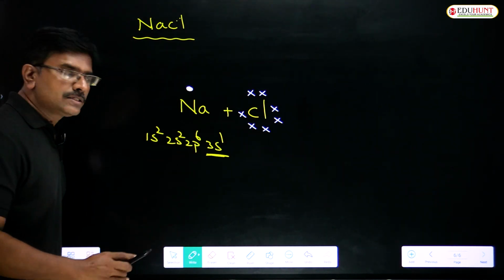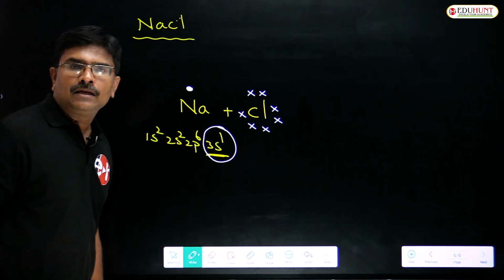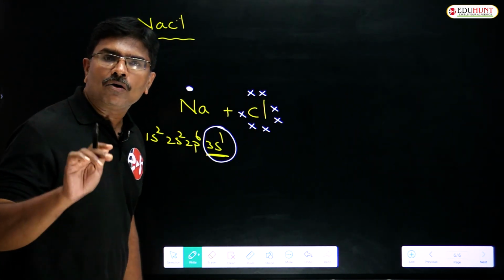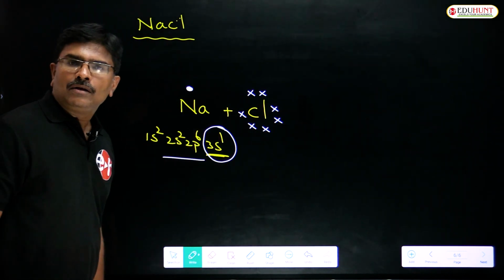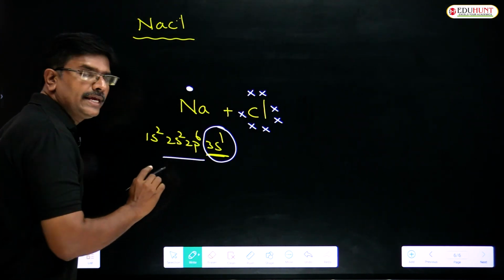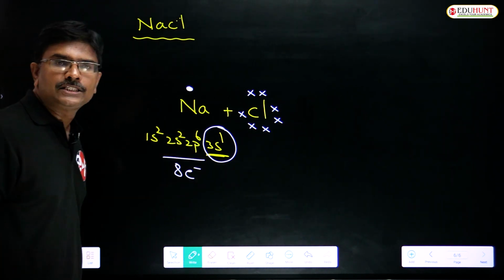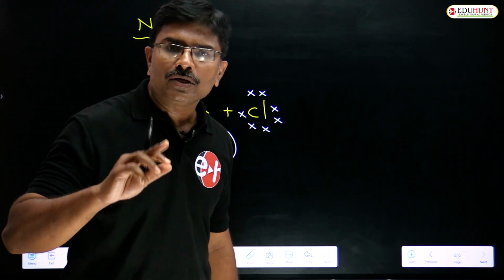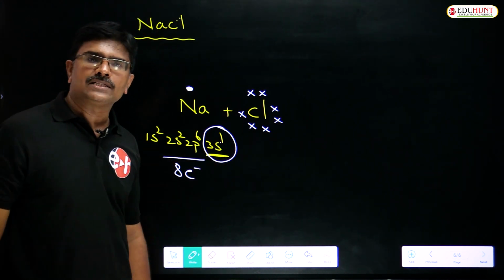If this sodium loses this 1 electron from the 3s, now the valency shell becomes the second shell. Now the second shell has how many electrons? 2 plus 6, it has 8 electrons. That means octet is achieved, no? That means if sodium loses this electron, it gets the octet configuration.